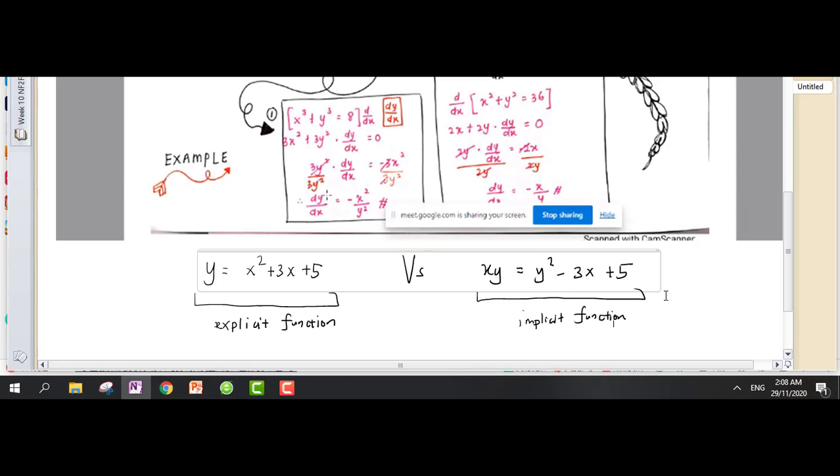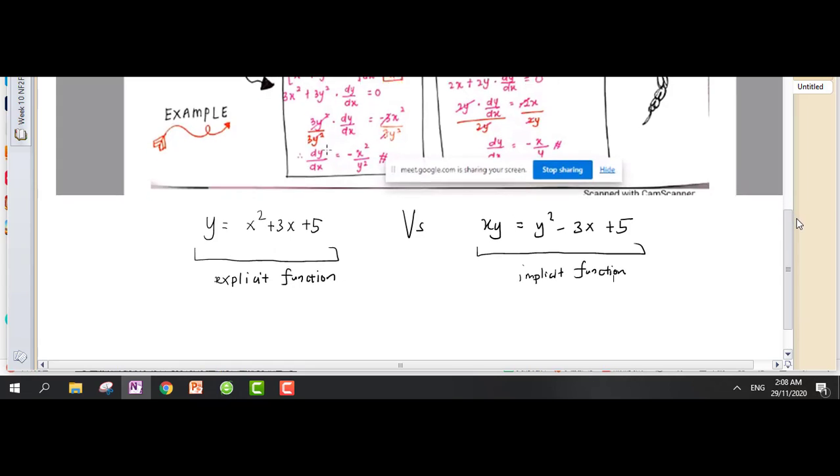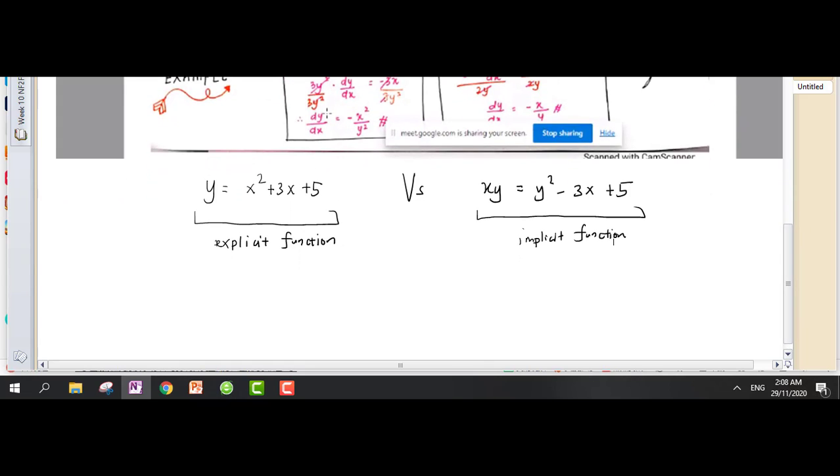Differentiating the explicit function, you automatically obtain dy/dx, so straight away dy/dx is expressed at the left hand side, and then we just apply the basic differentiation.